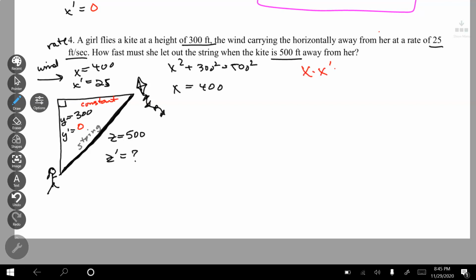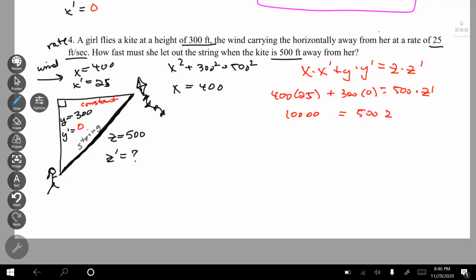So my Pythagorean theorem derivative, I think we've covered today. So it's going to be 400 times 25 plus 300 times 0 is equal to 500 times z prime. I get 10,000 is equal to 500 z prime.